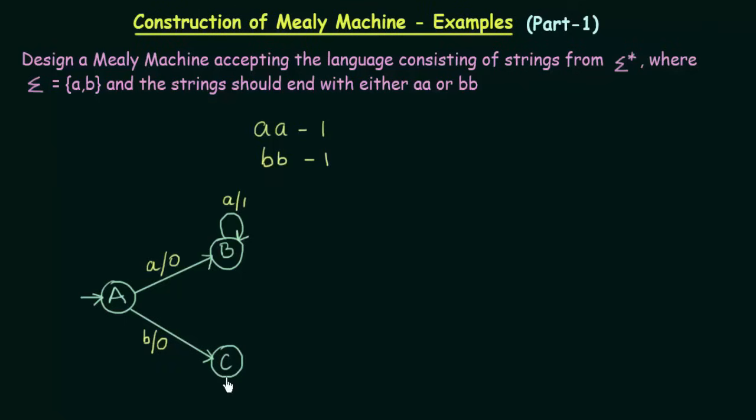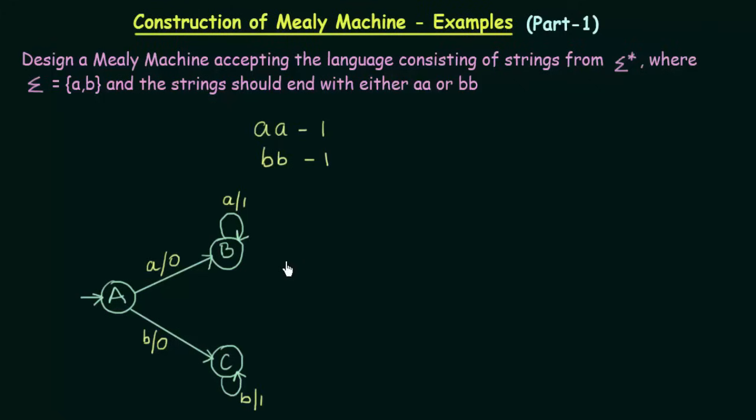In state C, if I get another b, then I will print the output as 1. So 1 b from here, and I get another b here. I have got 2 b's, and I print the output as 1. So when we get this output as 1 over here and here, we know that we either got 2 A's or 2 B's. So far so good.